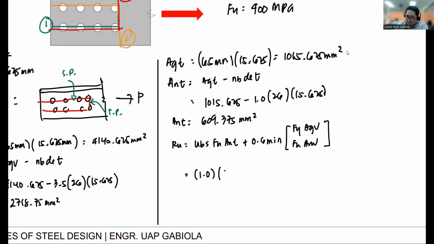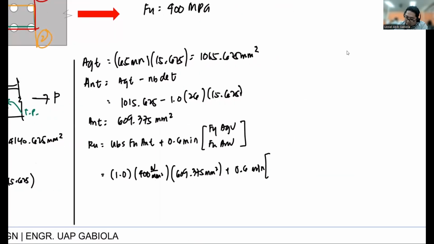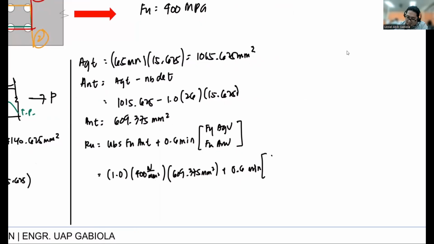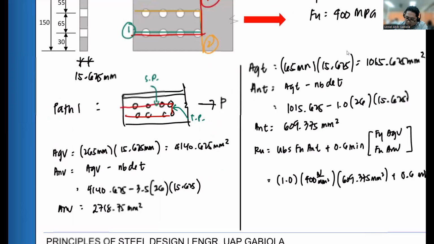FU is 400 Newton per mm squared. We have ANT, which is 609.375 mm squared, plus 0.6 times the minimum between our FY, which is 248, and our AGV here, which is 4140.625.